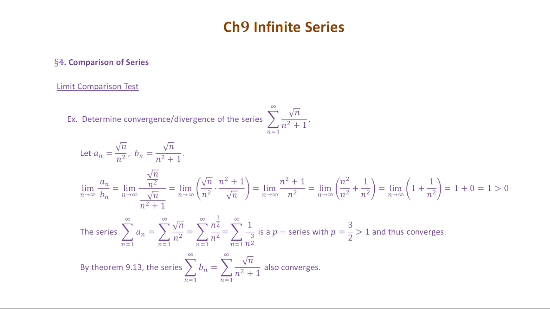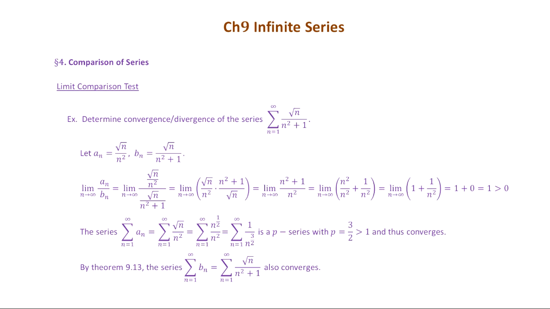In this example, we want to find whether the series square root of n over n squared plus 1 is convergent or divergent. So we're going to use the limit comparison test. Again, we let b_n equal square root of n over n squared plus 1. That's the problem we have.